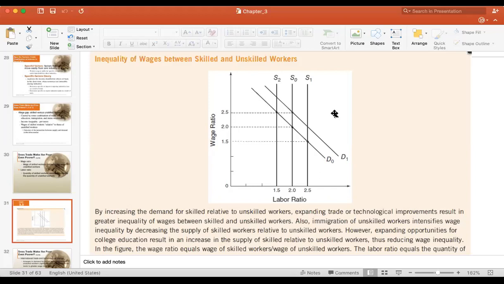The labor ratio would go up. Very good, which means the supply curve will shift to the right.